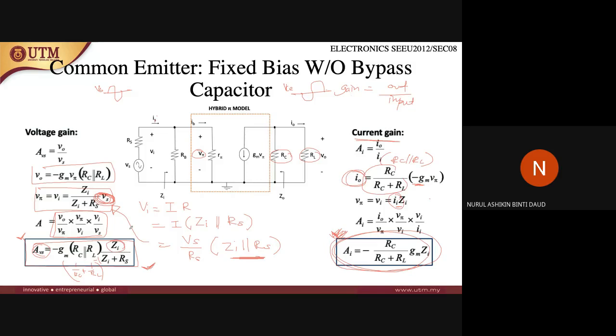As I mentioned just now, there is a phase shift in this hybrid pi model, because you can see here we are using minus GM. It means that there is a phase shift occurring inside this hybrid pi model. That's why we are using minus GM. I showed you earlier, if you still remember yesterday at the beginning of the slide, this slide.